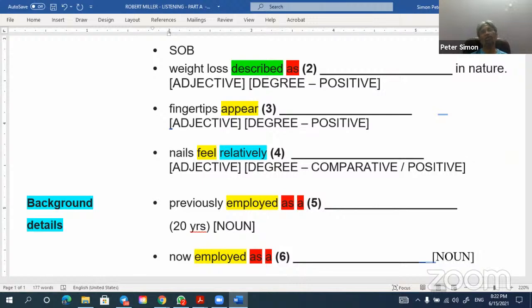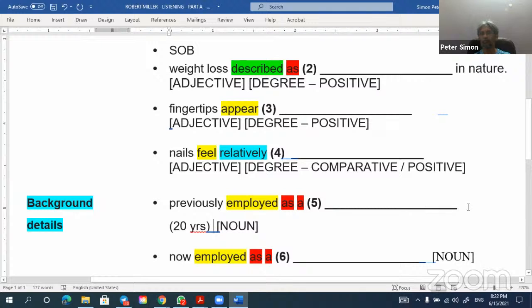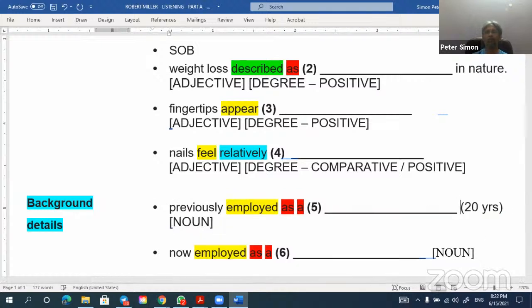Next one, previously employed as a dash. So here we know that it is a noun.